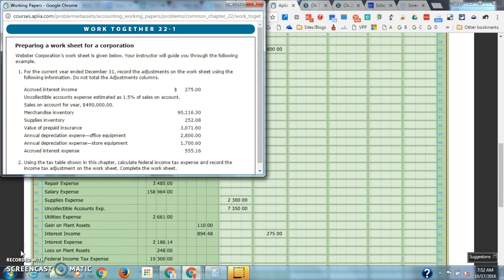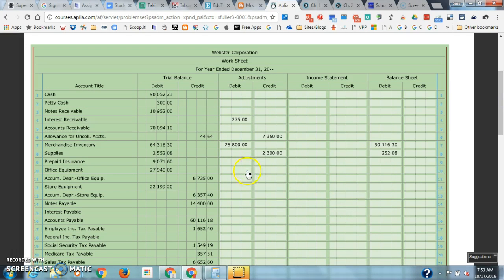Okay, next is our prepaid insurance. And so that is on line 9. Once again, we'll take our trial balance minus this $3,071.60. And so line 9 as a credit is $6,000.